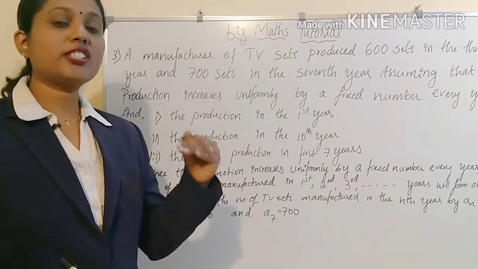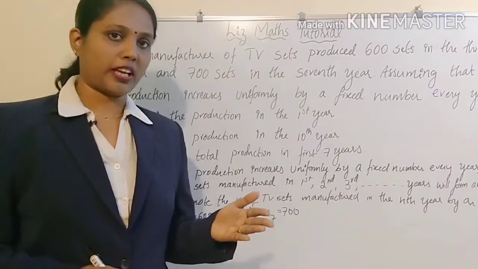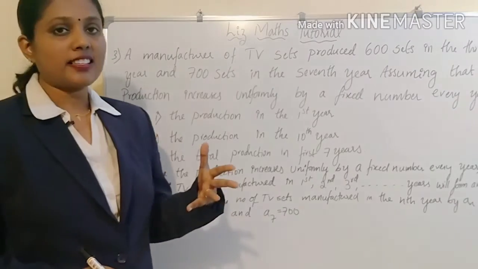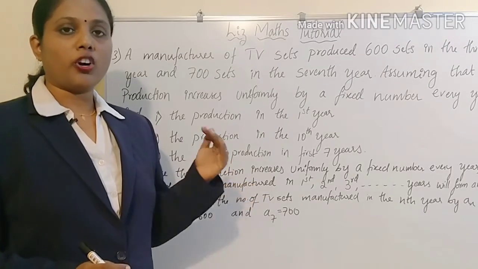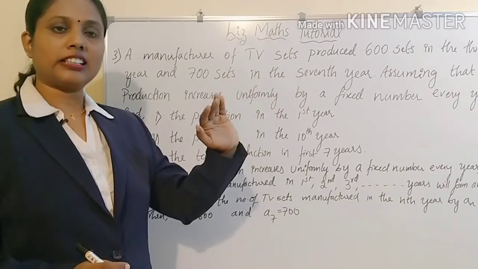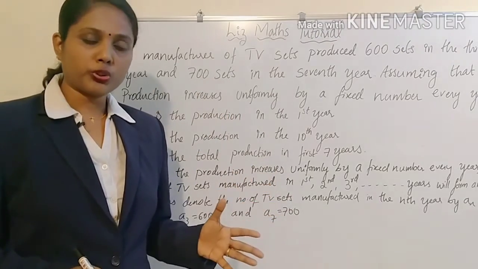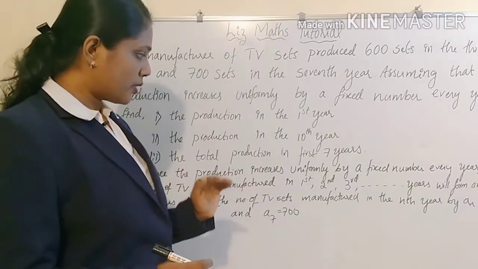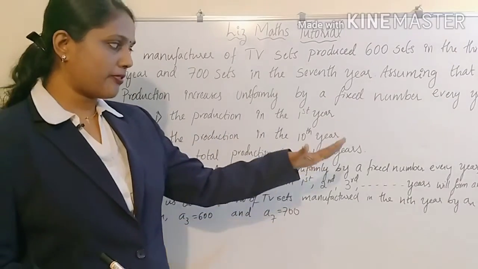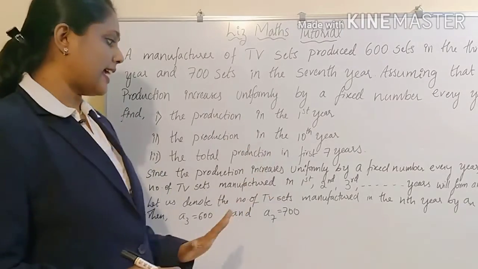If it increases uniformly, then it forms an AP. If it decreases, it will not form an AP. Or if it increases one year and decreases the next, that will also not form an AP. So if it increases uniformly by a fixed number, it forms an AP.